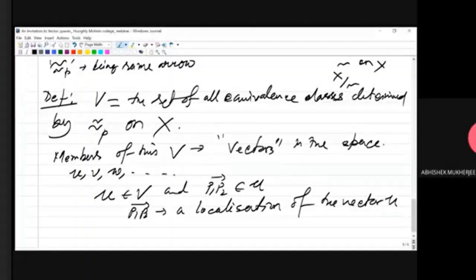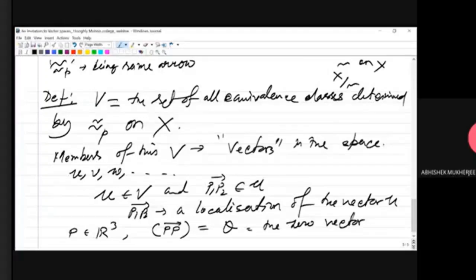It is very easy because just take any one point P in R3. Then you can define PP arrow. Actually this is a point. So this is the zero vector.